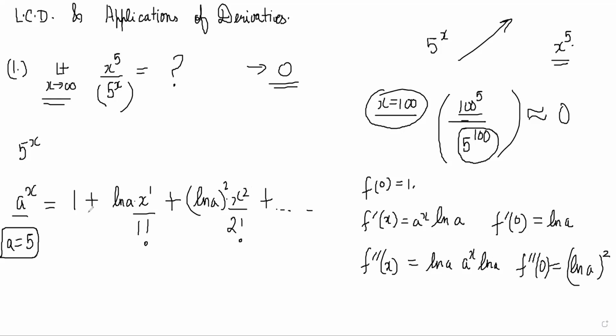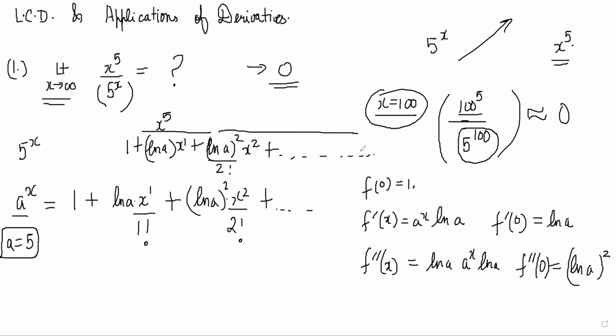On top, however, you have x power 5. X power 5 by 1 plus ln a x power 1 plus ln a whole square by 2 factorial x square and so on. Now you can clearly see that this denominator polynomial has very high degree. The degree of the polynomial in the denominator is definitely higher than 5.